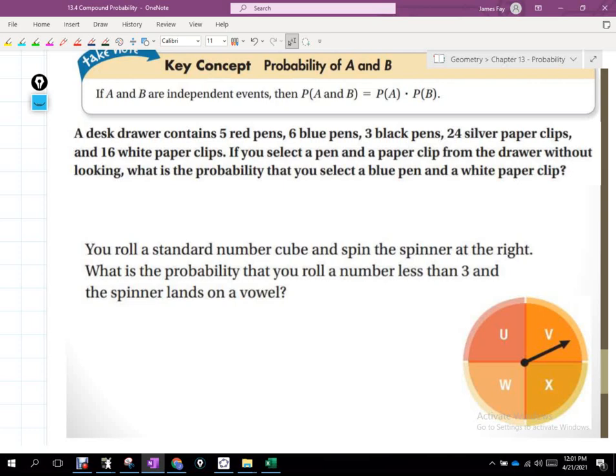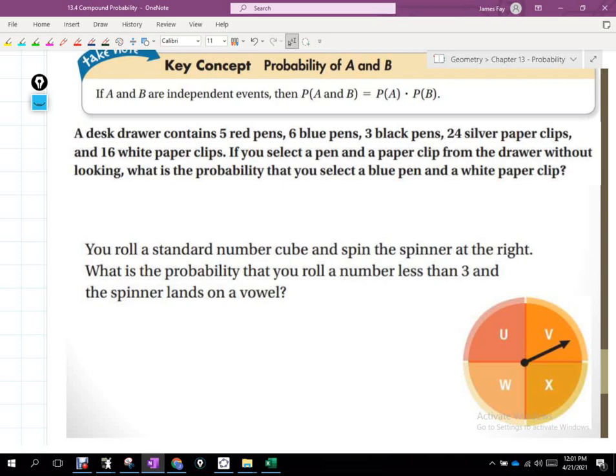So the desk drawer contains 5 red pens, 6 blue pens, 3 black pens, 24 silver paper clips, 16 white paper clips. It says if you select a pen and a paper clip from the drawer without looking, what is the probability to select a blue pen and a white paper clip? Now, here's my question. Does the fact that I pick a blue pen impact the amount of paper clips that are left over?